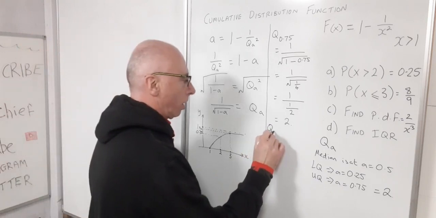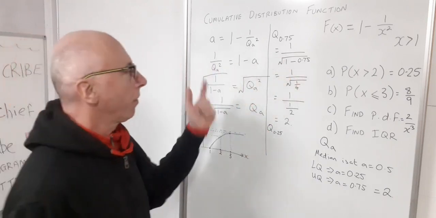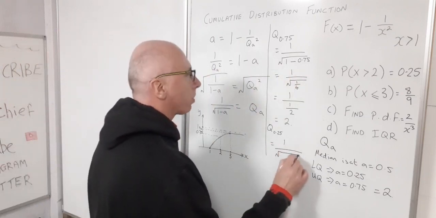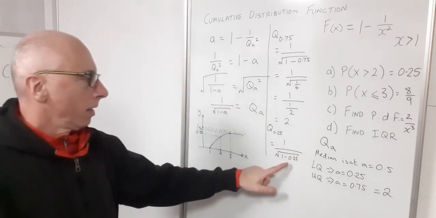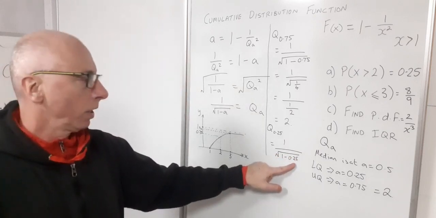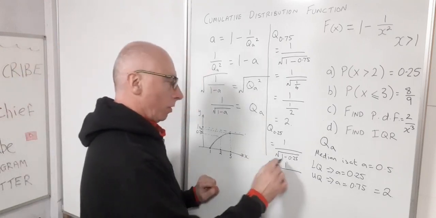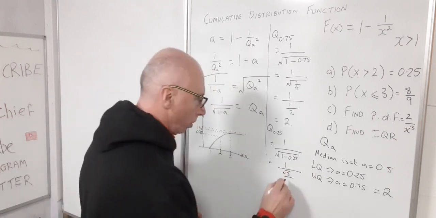So now let's calculate our lower quartile. So Q of 0.25. What I'll do now is plug in 0.25 for this fraction here. So that equals 1 over the square root of 1 minus 0.25. So that's 1 minus a quarter, which will leave me with 3/4. 1 over the square root of 3/4. So that's the square root of 3 over the square root of 4, which is 2.